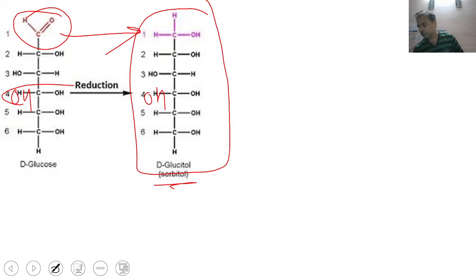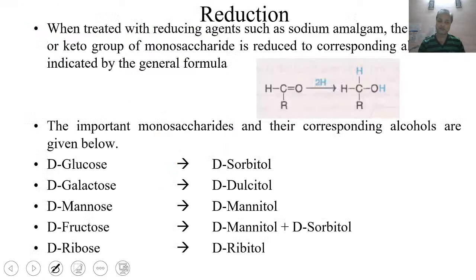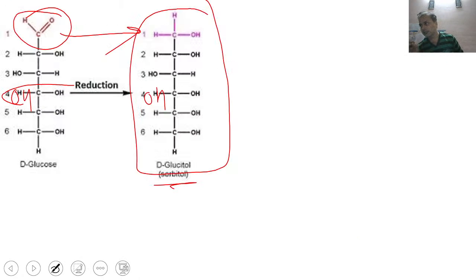Now the question which I asked you about fructose. In the case of fructose, why do we have two products? Why do we have mannitol, or why do we have sorbitol? Can anyone tell me? Can anyone tell me why fructose gives you two products, mannitol and sorbitol both?